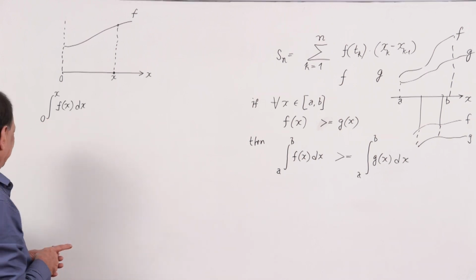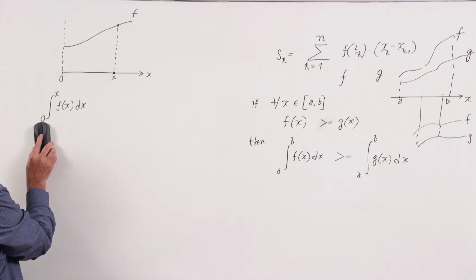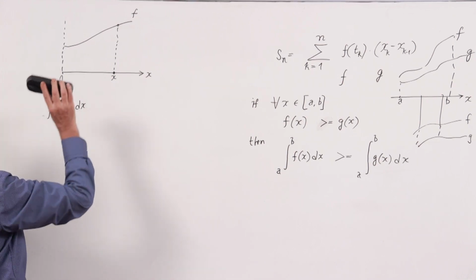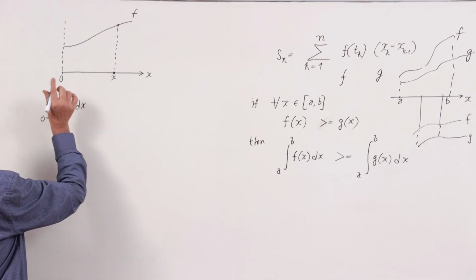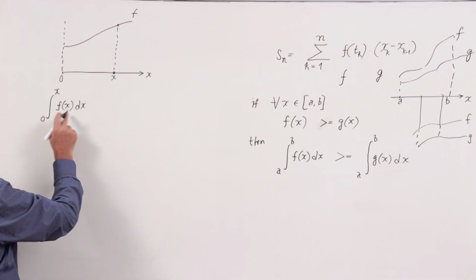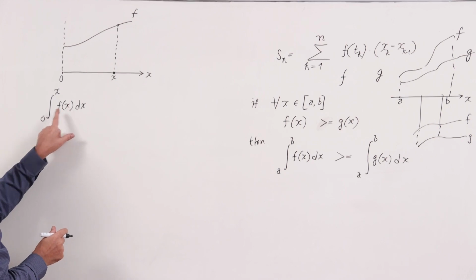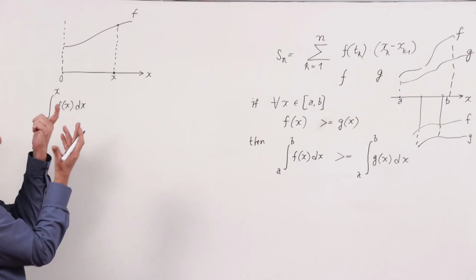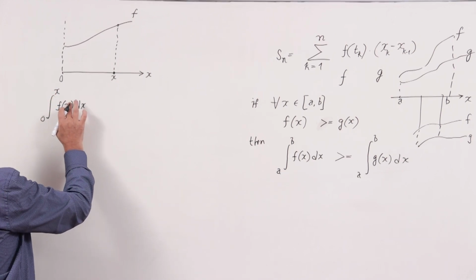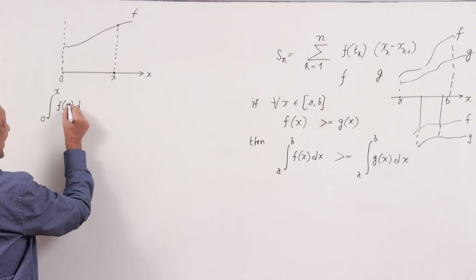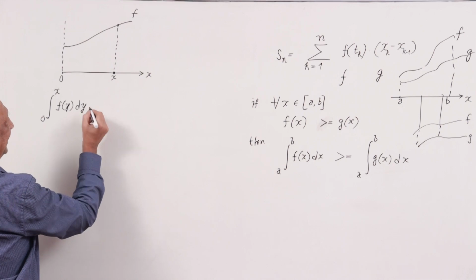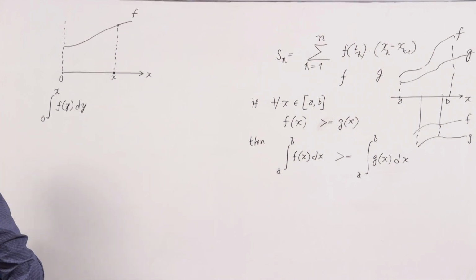When that is the case, then we don't even write this 0 and x. That means the short form, the notation, integral from 0 to x of f(x) dx. Here I have shown x itself varying from 0 to x. If that is confusing, you can change the name. You can call it a variable y, integral f(y) dy.